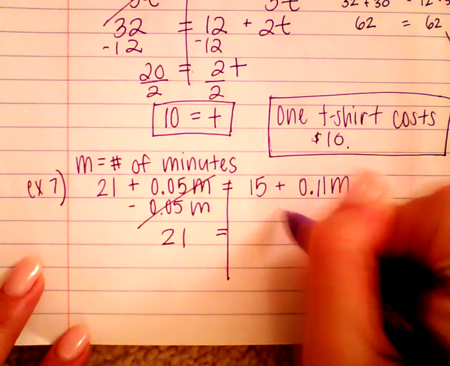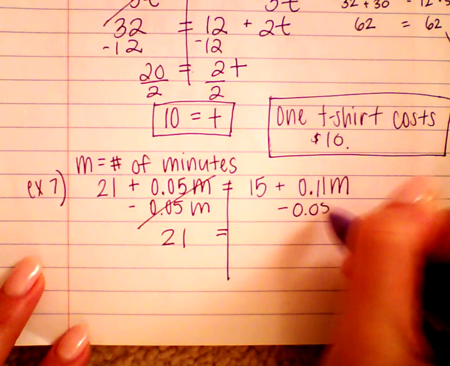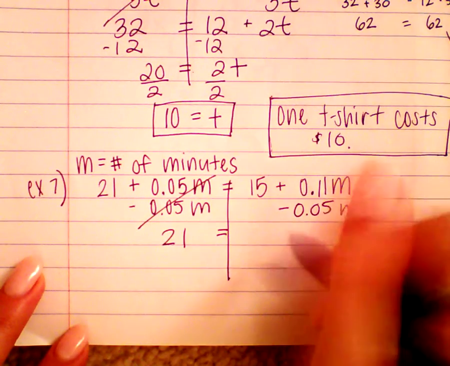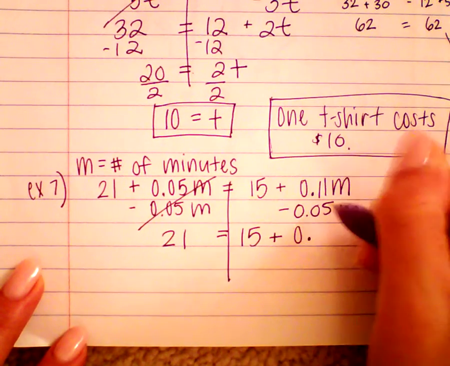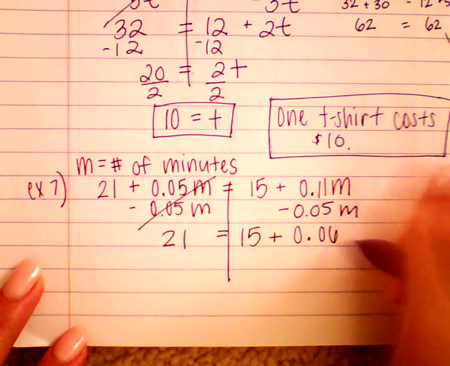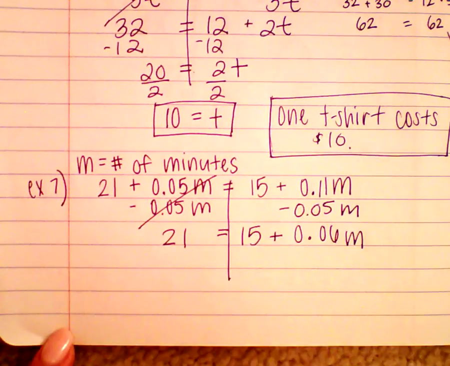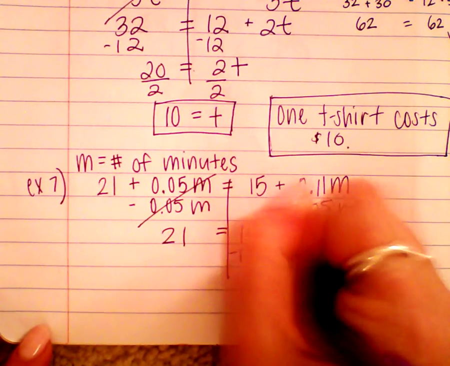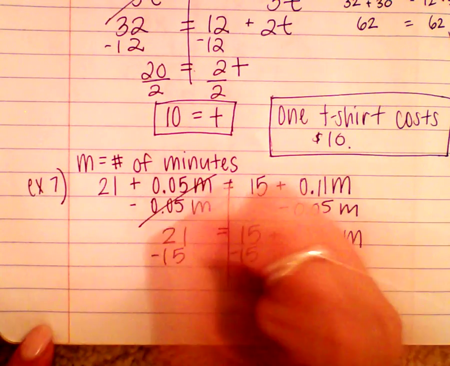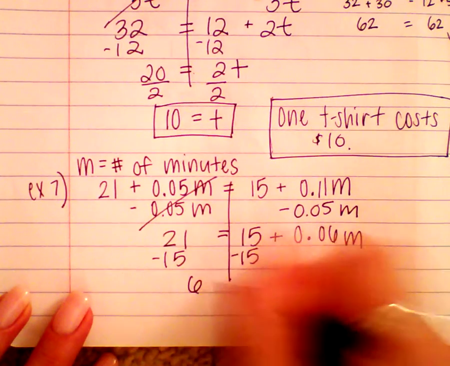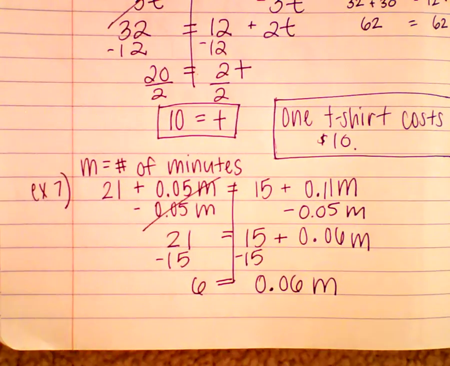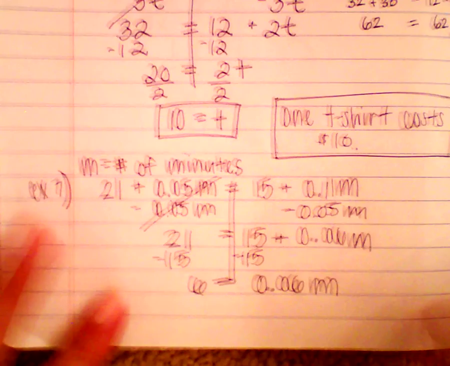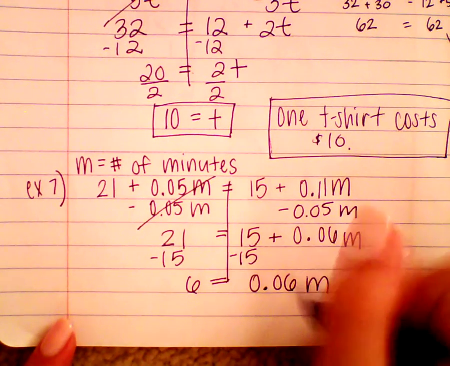Do it on this side. Now I need to isolate my variable, so I'm going to move the 15. Last but not least, I'm going to divide by 6/100ths.